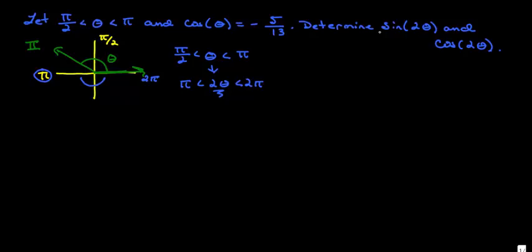So let's take a look at the sine of twice the angle. Well, the sine of twice the angle, sine is negative here, and sine is negative here. So my answer should come out to be negative.